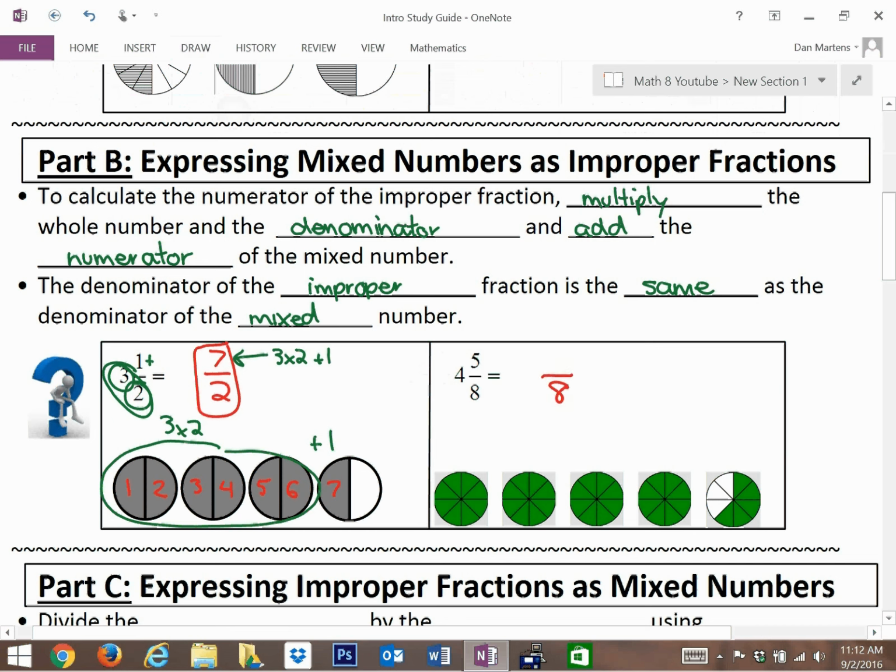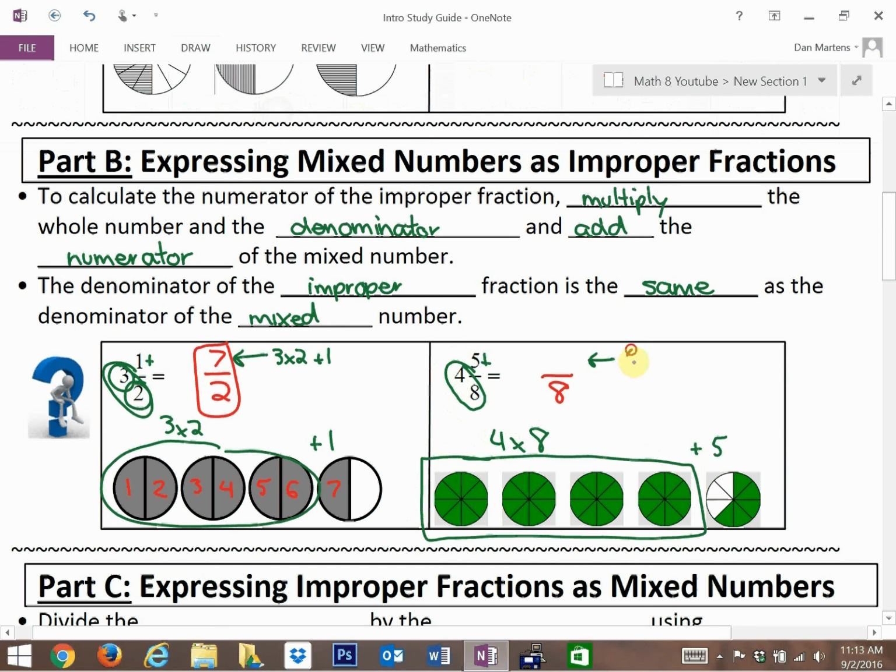Okay? And you notice here that I actually have 4 whole pies divided into 8 parts, and then 5/8 of another one. So that's 4 whole pies, and 5/8 of another. So how many eighths in total is that? Well, the first thing that we know is that it is 4 groups of 8. That's this here. That's 4 groups of 8, and then plus 5 on that extra pie, so adding 5.